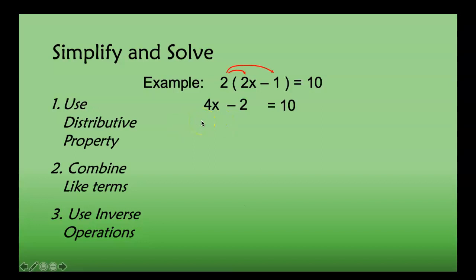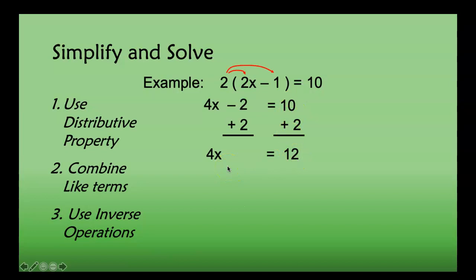So what's going to happen next is to solve it using inverse operation or opposite operation. You have minus 2, the opposite is plus 2, and then add 2 on both sides. So on the left side of the equal symbol, minus 2 plus 2 is 0, so you will have 4x. And then you're going to add 2 to 10, which is 12.